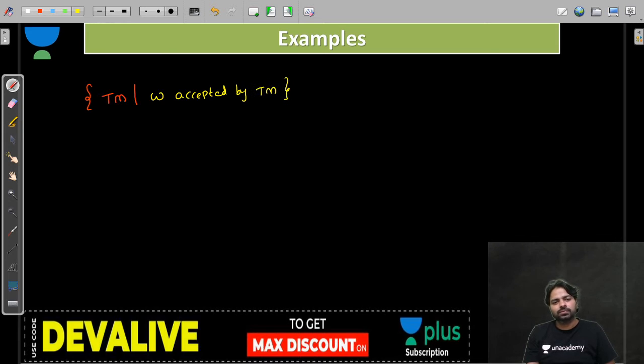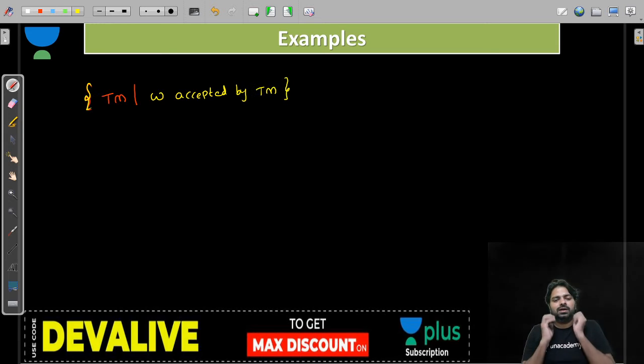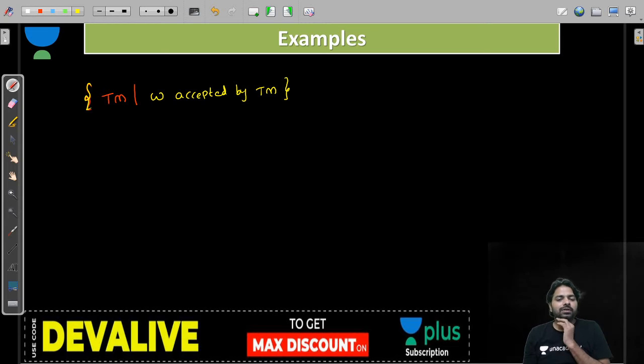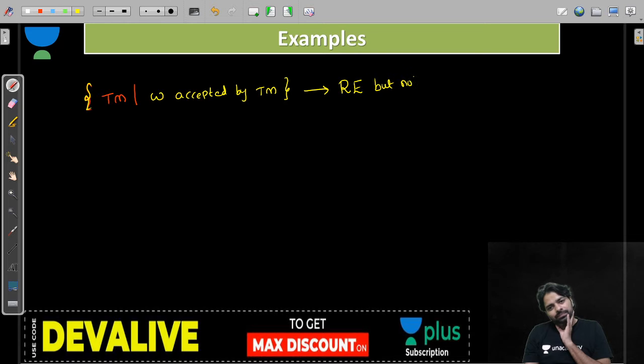W is given to you. And you don't know that W is not accepted by TM. So this is definitely recursively enumerable but not a recursive problem. It is one of the languages here.